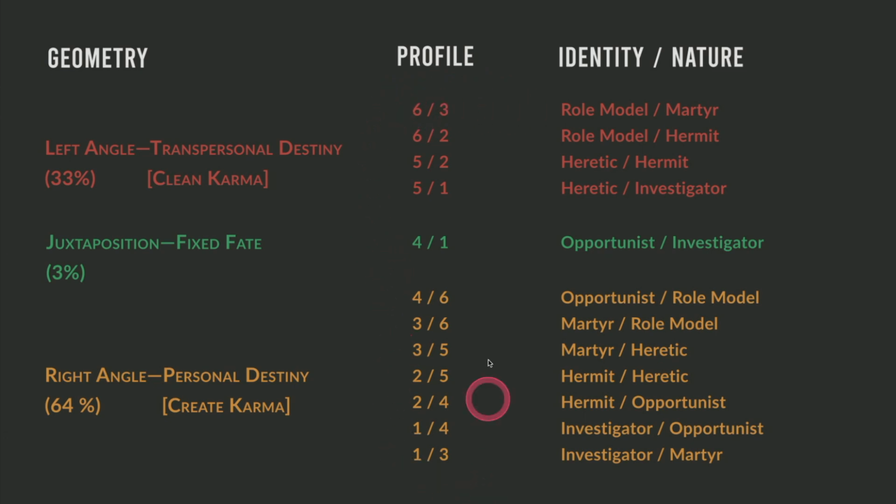So you can look at this list, and if you've done your chart, take a look at what your profile is. And as we move up, just what we can learn from the hexagram structure and how predominantly these first 7 are what we would call personal destiny. We call them right angle. I'm not going to get into the mechanics of how they are calculated.